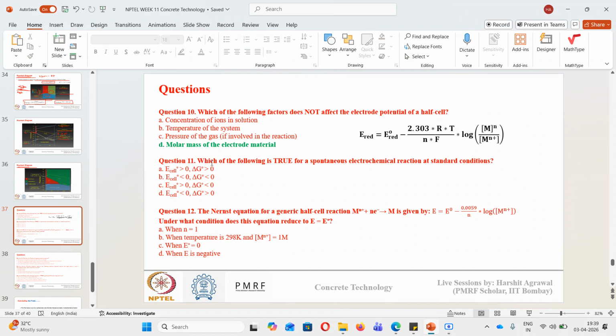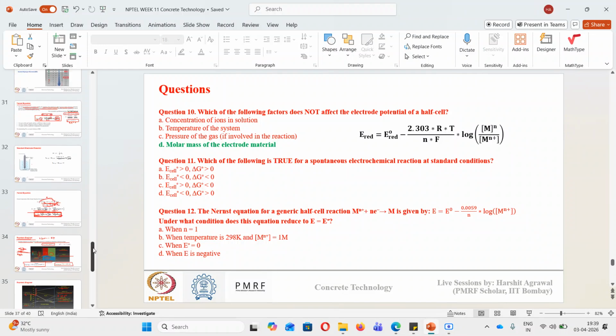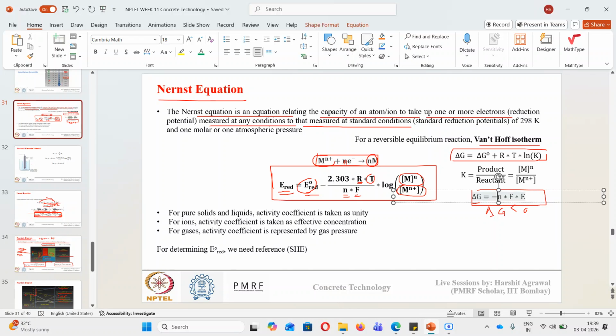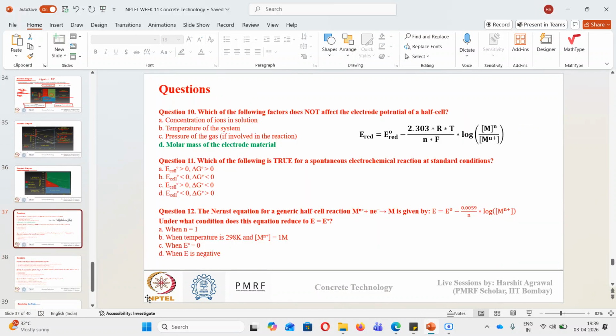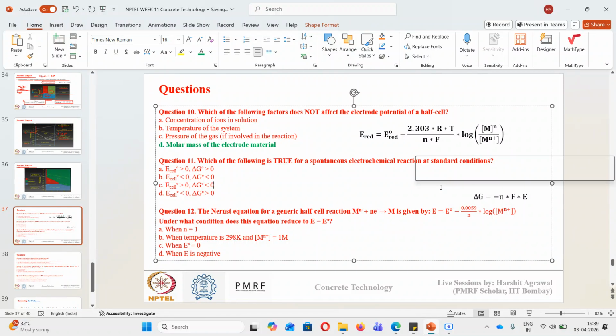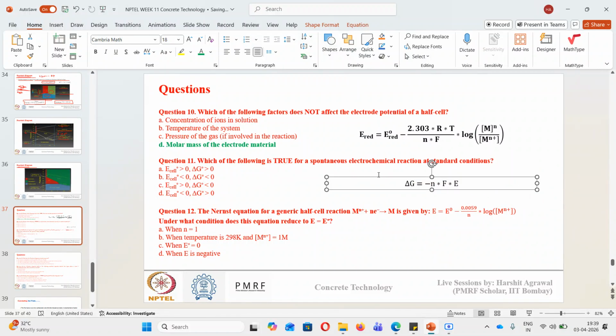Question number 11. Which of the following is true regarding a spontaneous electrochemical reaction? You know how the Gibbs free energy change is related to electrode potential. Based on this equation, can anyone tell me for a spontaneous reaction what should be the condition? We say corrosion is a spontaneous reaction. It is bound to occur.